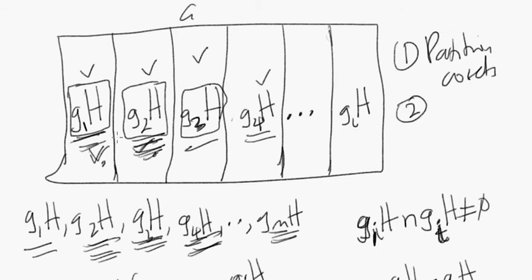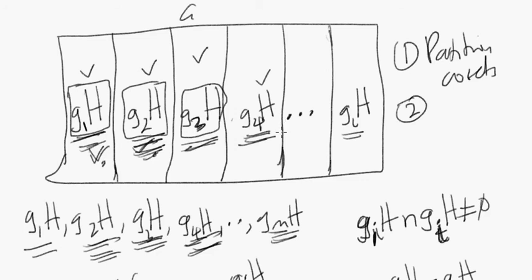So we pick some other coset that is not g2H and is not g1H. We add that, and we continue this process. Every time we add a partition, we include new elements of G that we never included before. Because G is finite and we keep adding new elements of G every time, the process is going to stop.